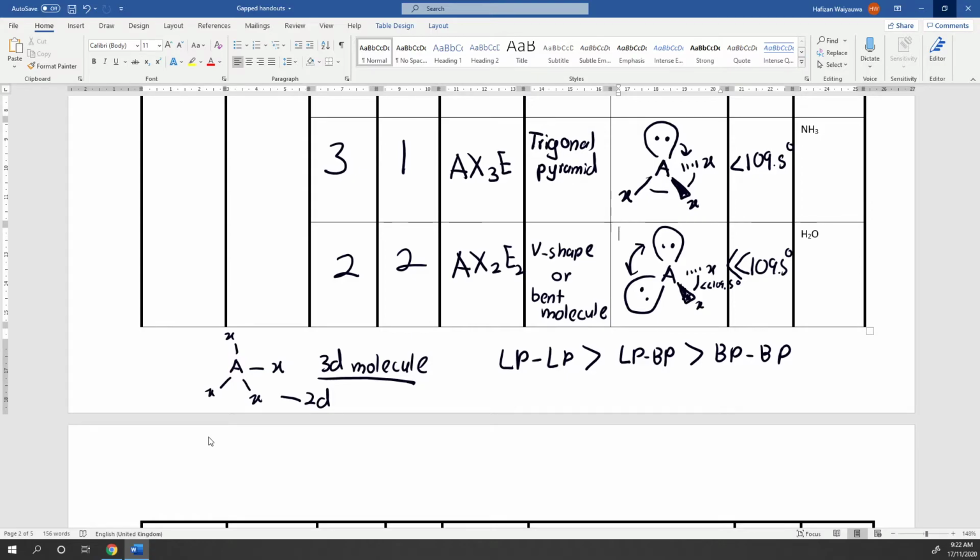Because for now, so far that I know, every single atom here is duduk atas plane of paper yang sama. So A duduk sini, and then dia ada maybe angles dia, I don't know, maybe this one 120, and then this one maybe 80 ke, this one maybe 70, this one maybe 60.